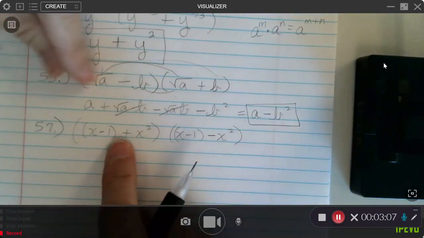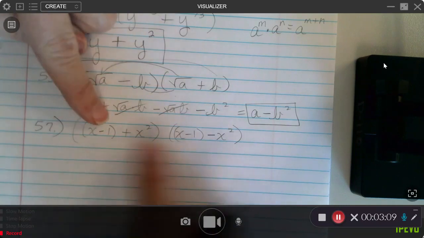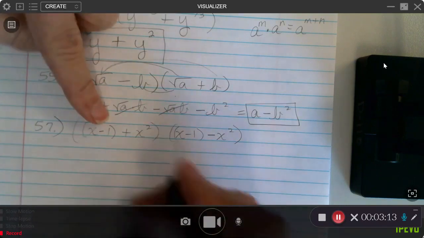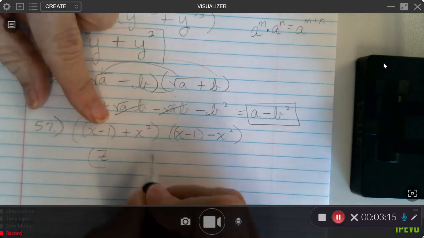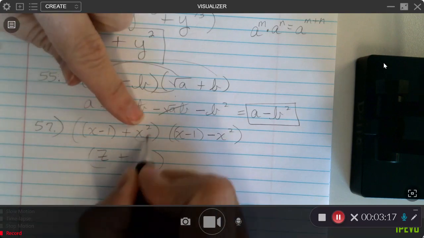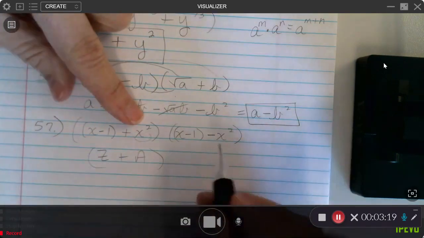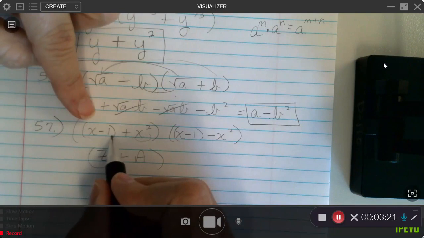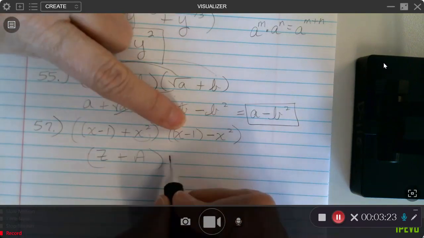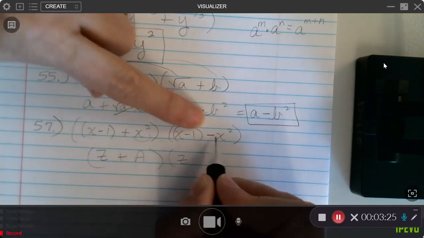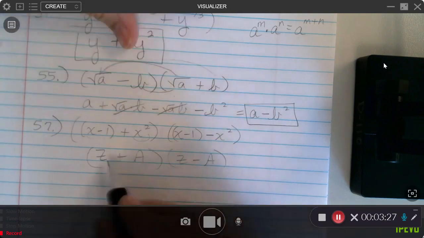If I could replace this x minus 1 with like a big old z and replace x squared with, say, a. So let this be z, let x squared be a. I would then have z minus a times z plus a. Could you FOIL that out real easily?